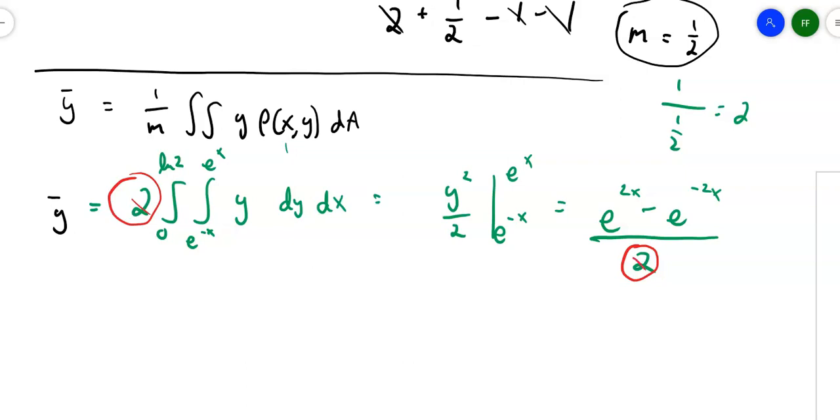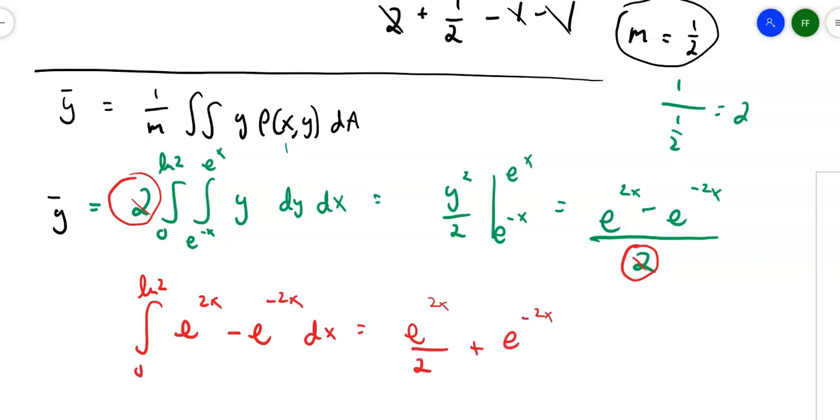Cancel them out. So now I'm going to integrate from 0 to the natural log of 2 of e to the 2x minus e to the negative 2x, this time with respect to x. Right, so that'll give me e to the 2x over 2 plus e to the negative 2x over 2.